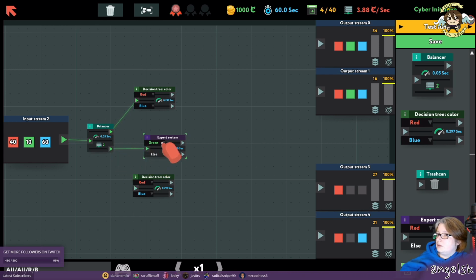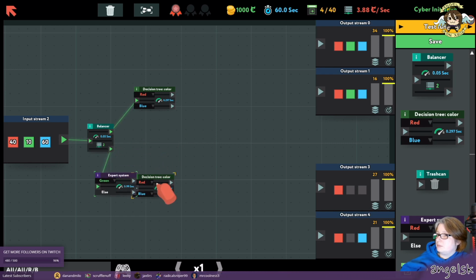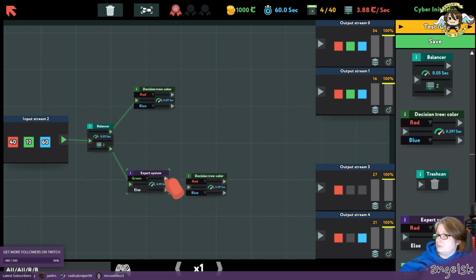Add a filter to get green out. Green goes up here. That's like 5 green. Anything else goes through here. Got red. We got blue.